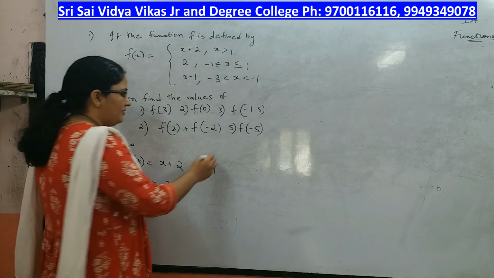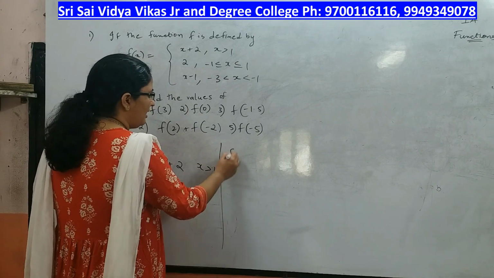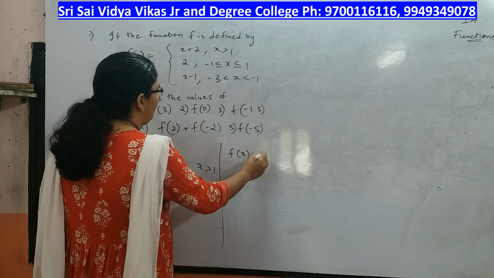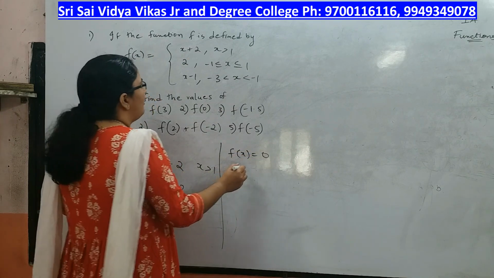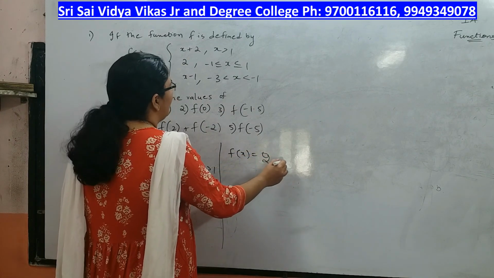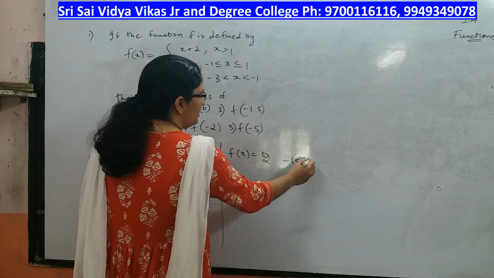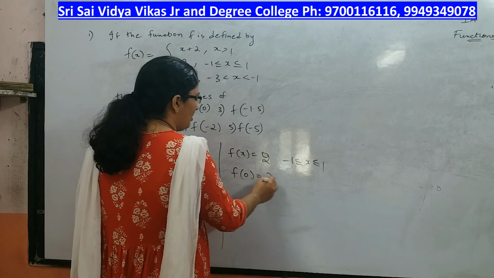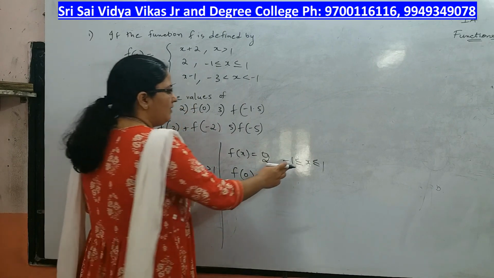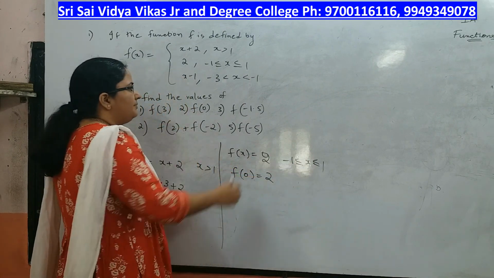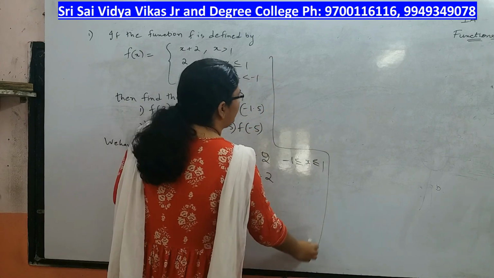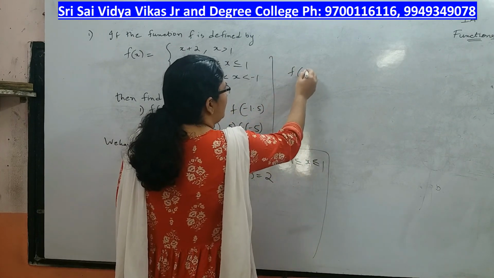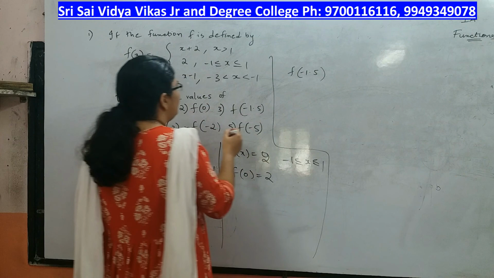Next, f of 0. F of x is equal to 2 when x lies between minus 1 to 1. So f of 0 is also equal to 2 because 0 lies in the interval minus 1 to 1. Next, f of minus 1.5.